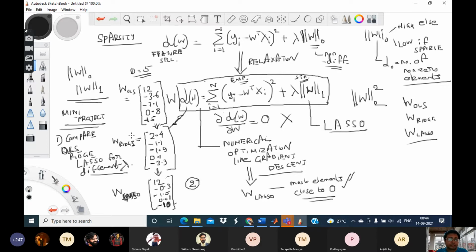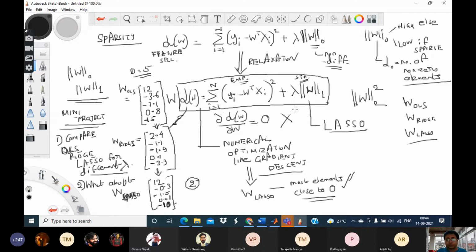This is something which you can explore. You can plot for different values of lambda. As you increase lambda, you can plot both the risks, and correspondingly visualize the different W's you are getting and see how the nature of the W's is changing. Another subtask of the same mini project is: what about other norms?